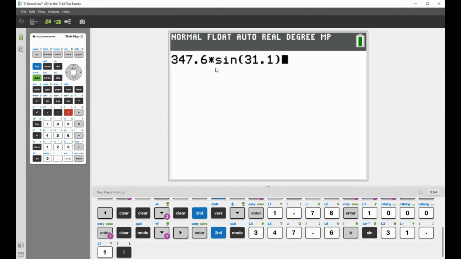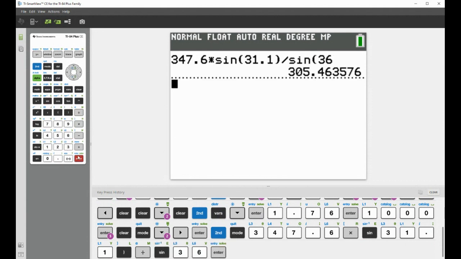Then divide by sine of 36, and you should get 305.46. There you go.